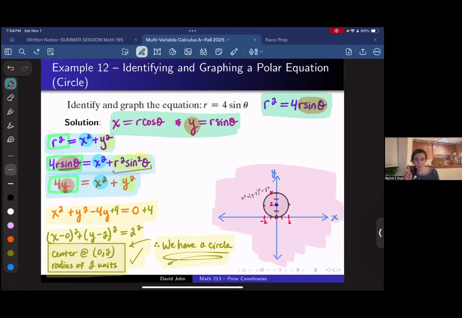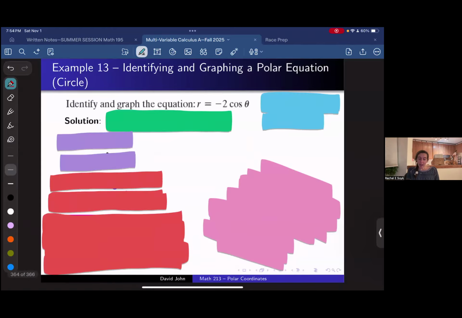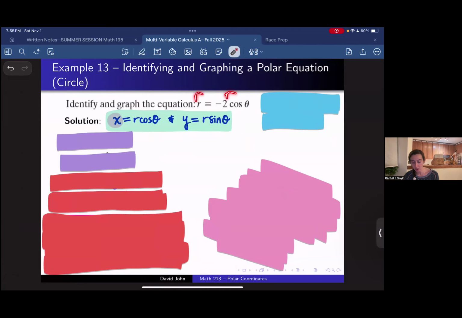One more example. Our example 13, we're once again asked to identify and graph the equation r is equal to -2 cosine theta. And so we have our x is equal to r cosine theta, our y is equal to r sine theta. The method we're going to use here is to multiply both sides by r.